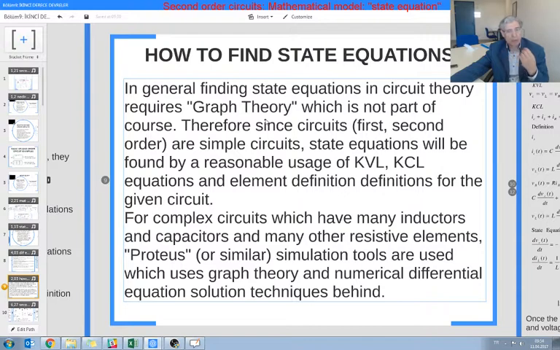So for complex circuits, the basic idea does not change, but the calculation is a bit boring if you are doing it by hand. But for complex circuits, you do not need to do it by hand. You can use Proteus as a simulation program, and you can find all the elements' currents and voltages.